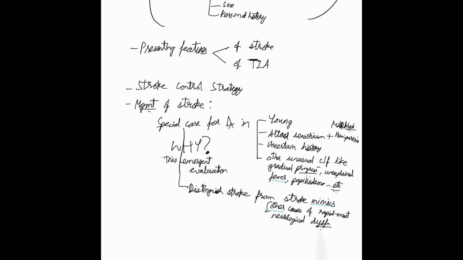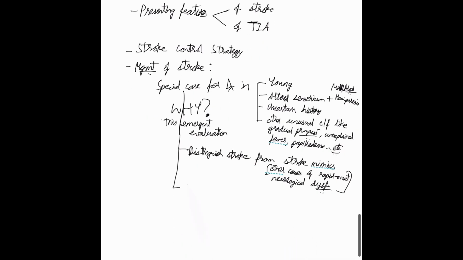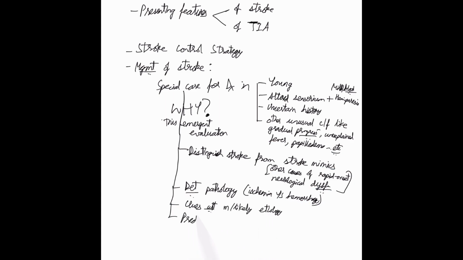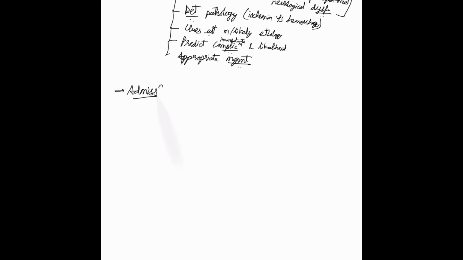We need to obtain clues about the most likely etiology and predict the immediate complications and the likelihood of the same, and manage accordingly so that we can minimize the damage. So on admission to the hospital, there are 6 things to be done, which is given in the algorithm for stroke management.